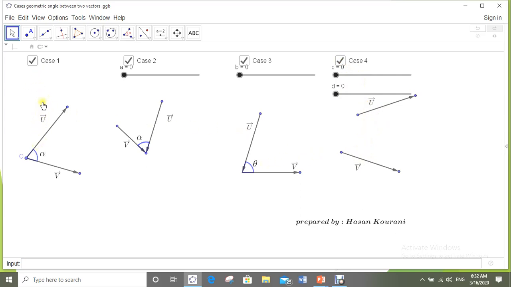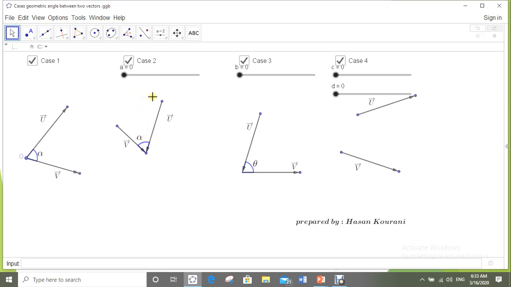In the first case, if we are asked about the geometric angle between them, u and v, it's clear according to the definition, this is the needed angle. In the second case, we have vectors with the same extremity, and we are given the measure of this angle.